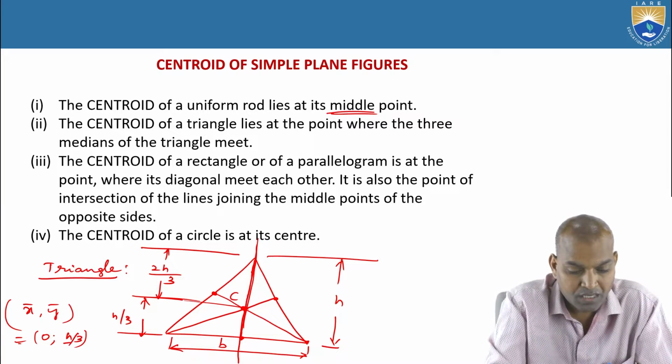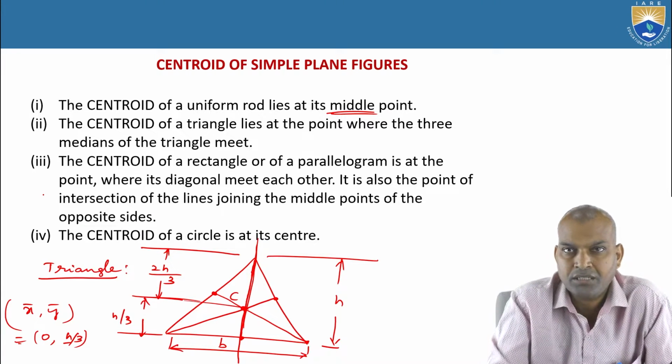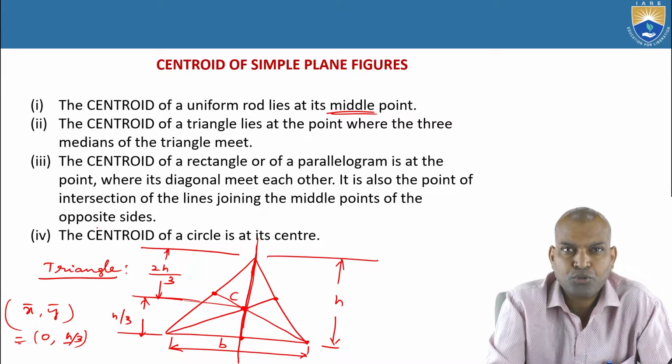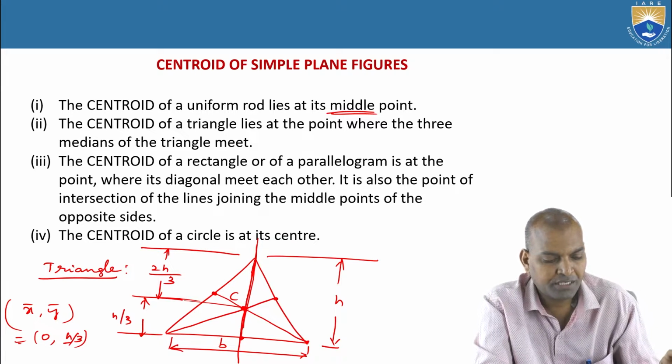Okay, and the centroid of a rectangle or a parallelogram is at the point where its diagonals meet each other. It is also the point of intersection of the lines joining the middle points of the opposite sides. So what is the meaning here?